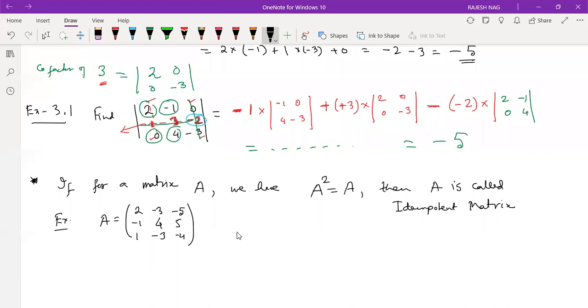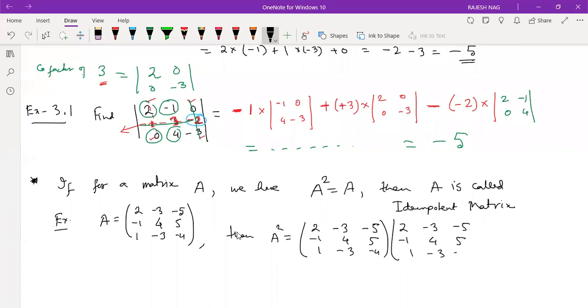So if you square it, the square will be as per the rule 2 minus 3 minus 5, minus 1 4 5, 1 minus 3 minus 4. Matrix multiplication we learned yesterday. You will get, I think, the same result.